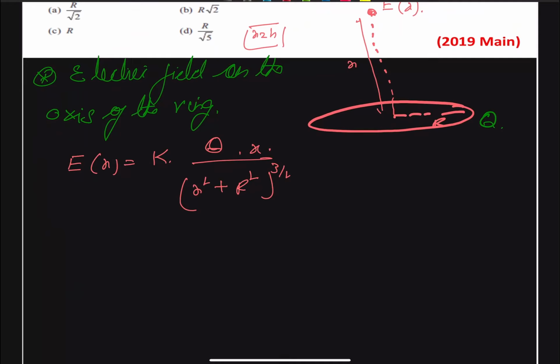So we are given that the maximum value of E of x is at x is equal to h. So we are going to find out the maximum value of E of x, which is quite easy. We are going to simply differentiate it with respect to x and put that derivative equal to 0.